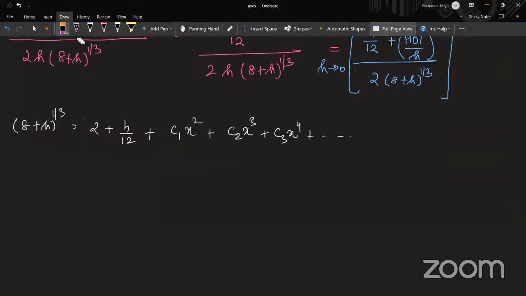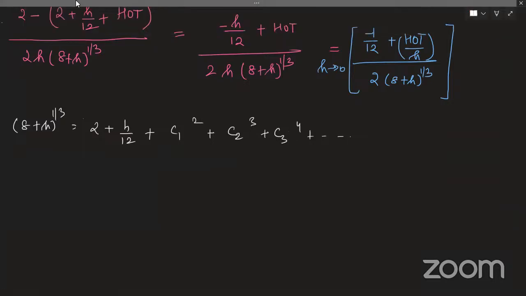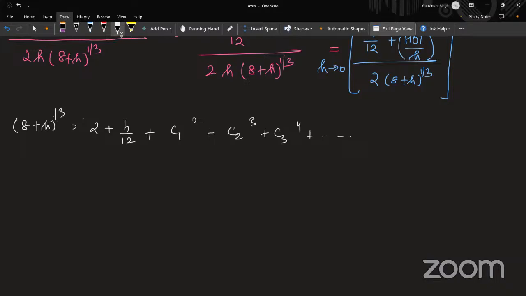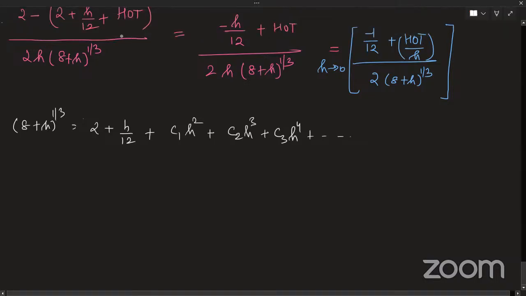It is not x, it is h actually. Change in variable. So do you all agree with this? When I expand (8 plus h) whole to the power of 1 by 3, I will get something like this. Do you all agree? Yes, sir. Okay, you all agree.